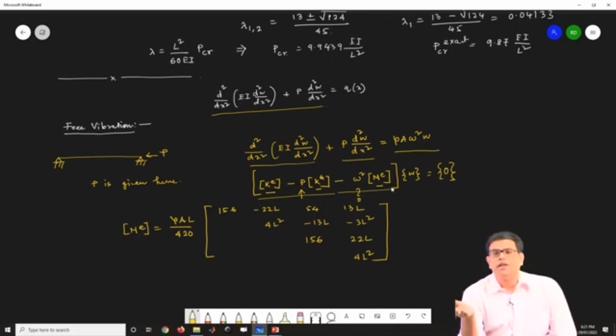Once you find the frequency, you can calculate the mode shapes, and based on your number of elements, you will get the number of frequencies, because the number of elements decides the number of degrees of freedom in the system. So you get that many frequencies and the corresponding mode shapes: first mode shape, second mode shape, and so on. Those will be approximate mode shapes.